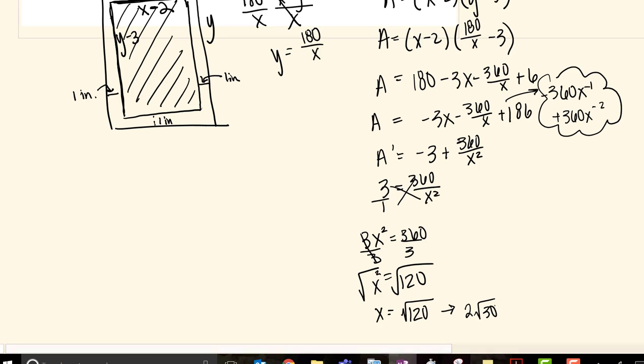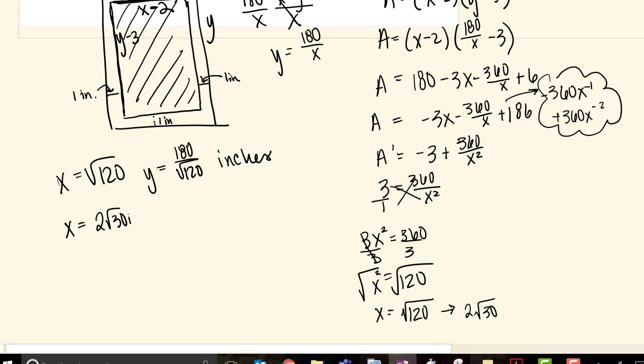We're still looking for dimensions though, so we also need that y value. So you could say your x is root 120, your y is 180 over root 120, and these are both in inches. We can leave it there. If you chose to simplify and give simplified answers, like what a multiple choice would probably do, your x would be 2 root 30 inches.